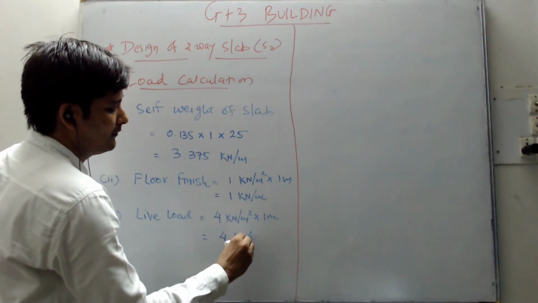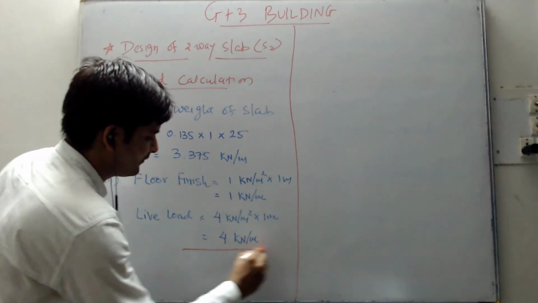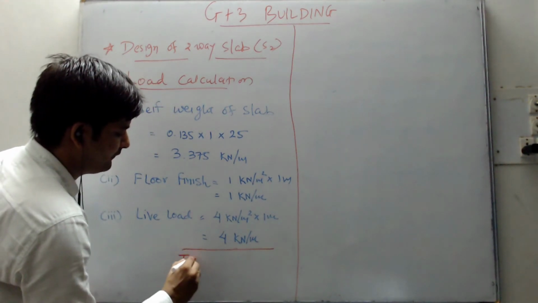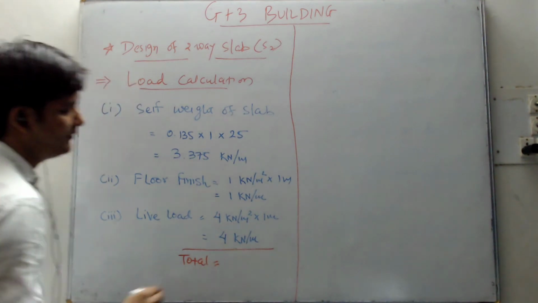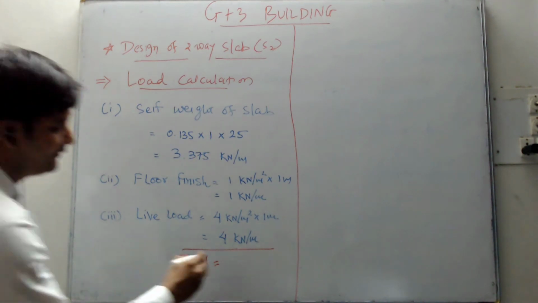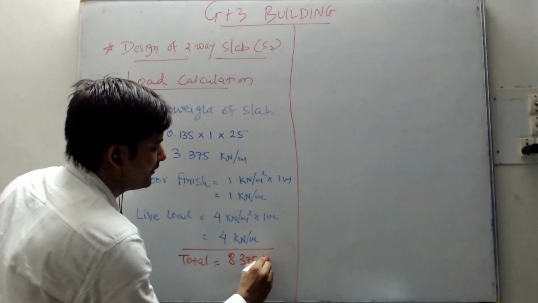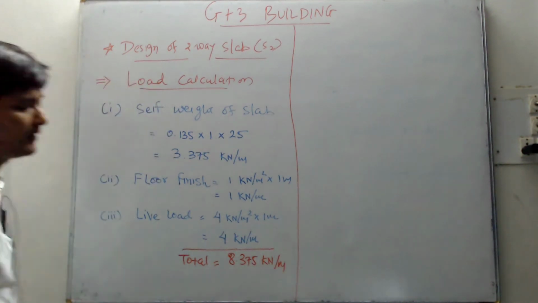So these are the three loads that are likely to act on my slab. I need to make the summation of all these three loads. Let us find out the total load acting on my slab. It will come out to be 8.375 kilonewton per meter. This is the total load that will be acting on my two-way slab.